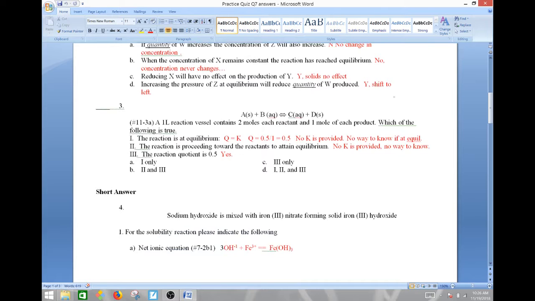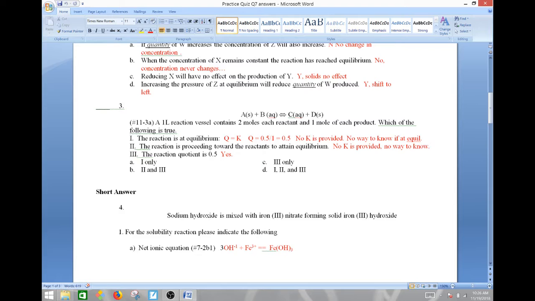Number 3. A 1 liter reaction vessel contains 2 moles of each reactant, 1 mole of each product. Which of the following is true? They want you to make a quick assessment of Q and then answer the question. In this case, it's 2 moles in a 1 liter vessel, so 2 divided by 1 should be 2.